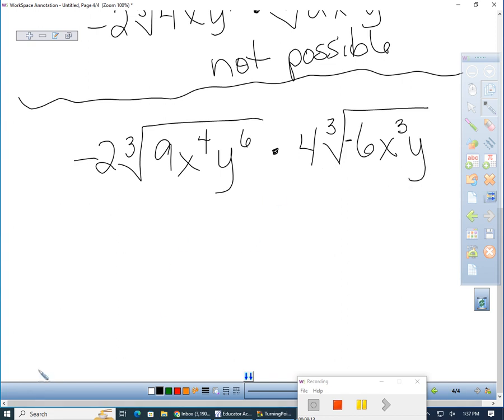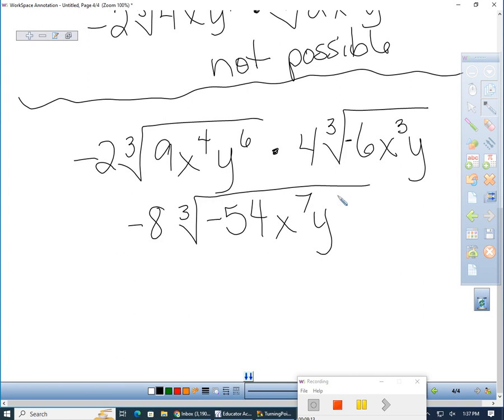All right, so we multiply our outsides. What do we get on the outside? -8. And we write our cube roots. What do we have on the inside? 9 times -6 is -54. X to the 4th times x to the 3rd is x to the 7th. And then y to the 6th times y is y to the 7th.